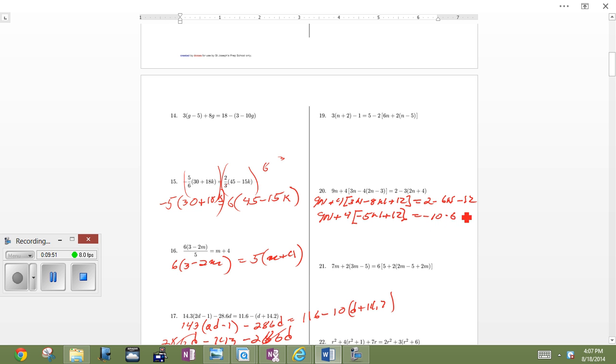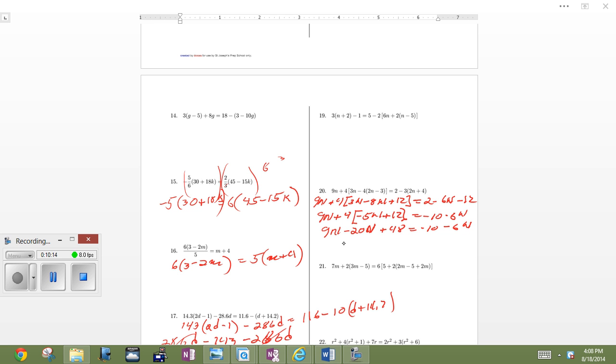Negative 10 minus 6n. Now let's distribute. That's 9n minus 20n, and plus 48 is equal to negative 10 minus 6n.